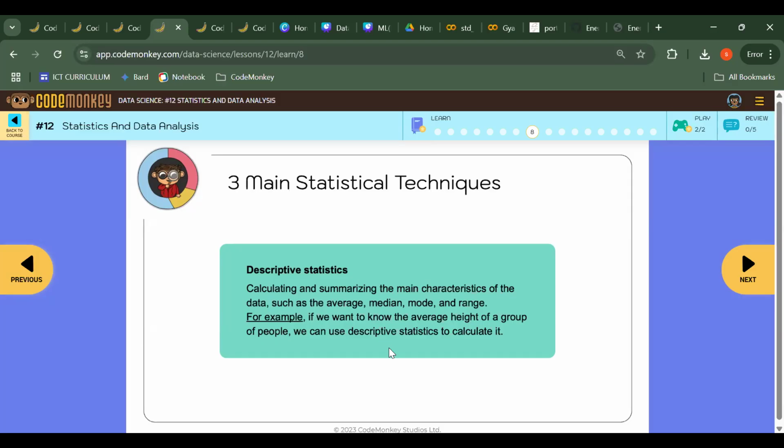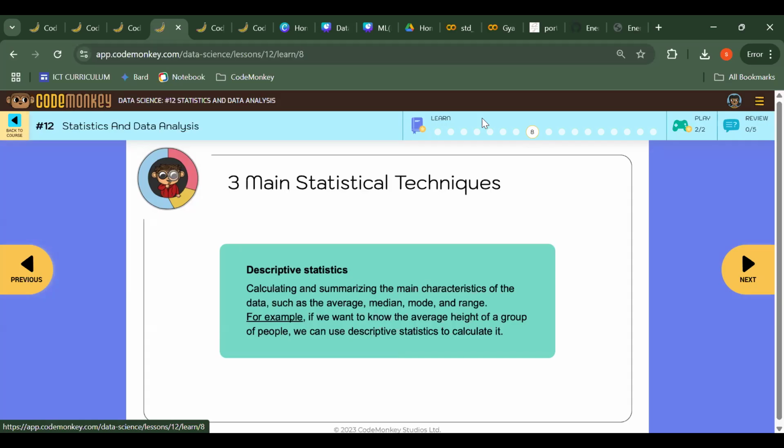You can find who is youngest and who is oldest; that's called the range. It's all about summarizing and describing the information. That is descriptive statistics.